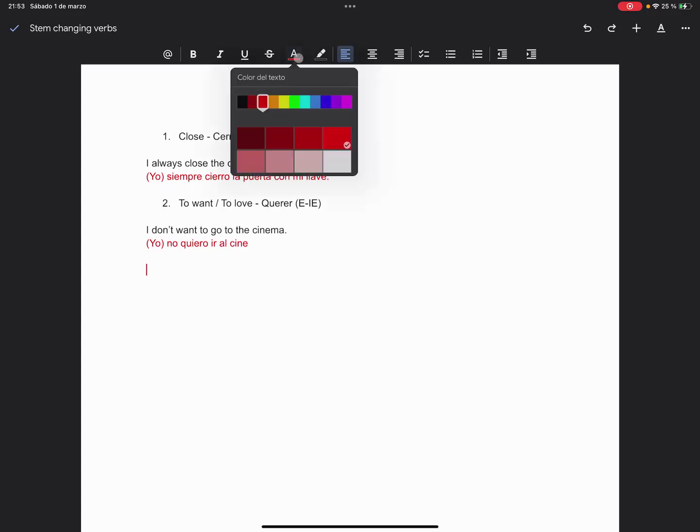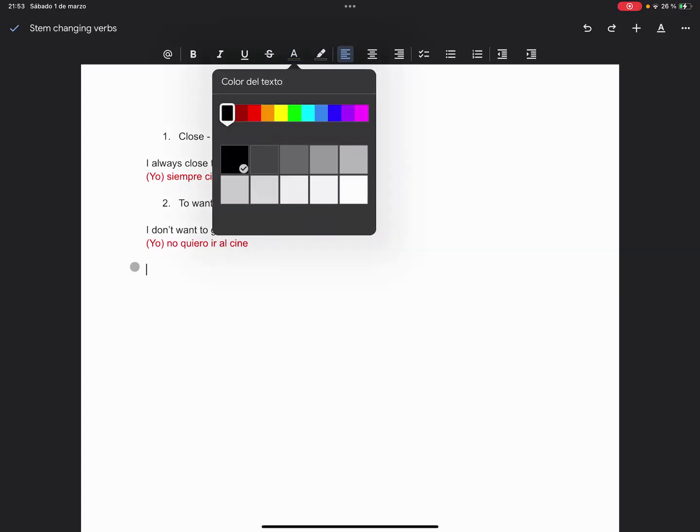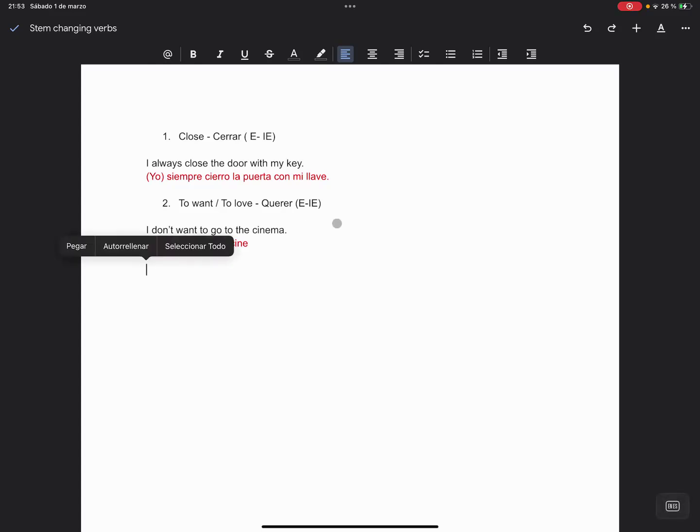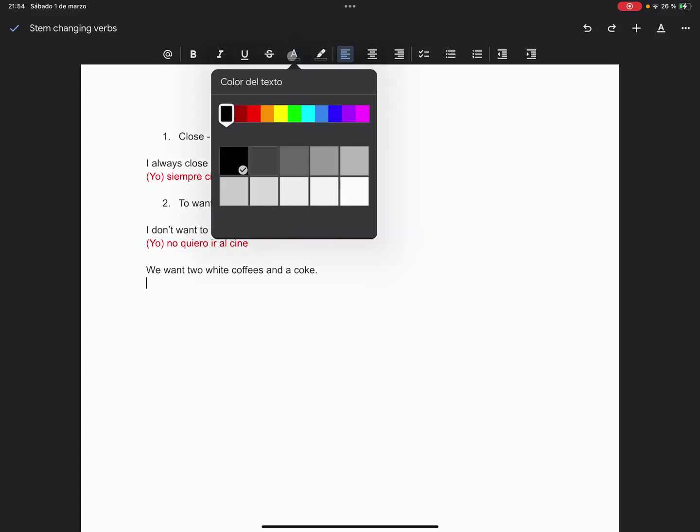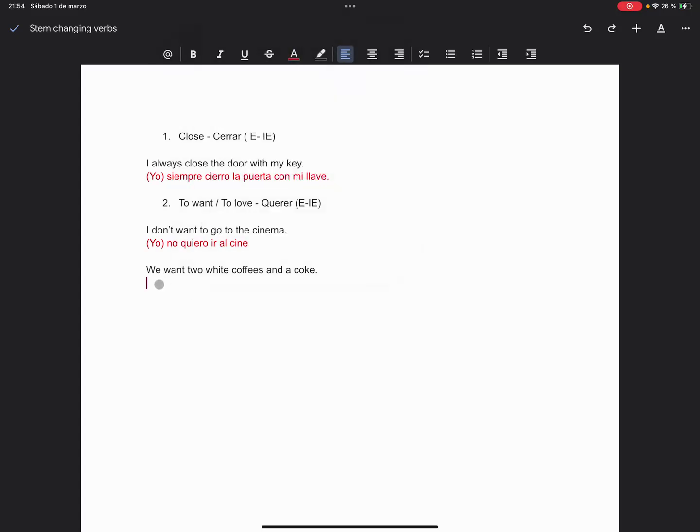Using the same verb, let me use a we. So you see that it doesn't change for a we. For example, we want 2 white coffees and a Coke. Could you say that in English? I hope so. Vale. How would you say that? Well, we would say we, nosotros, again, optional.